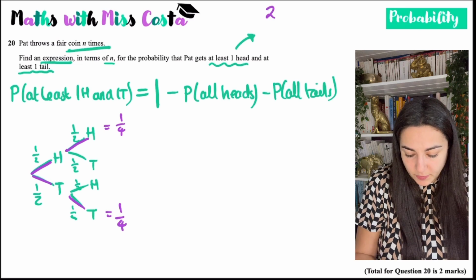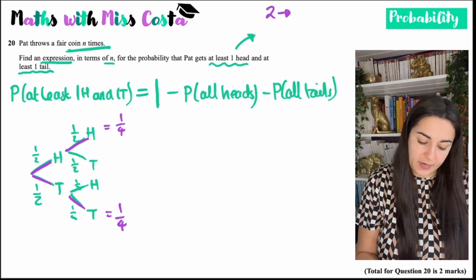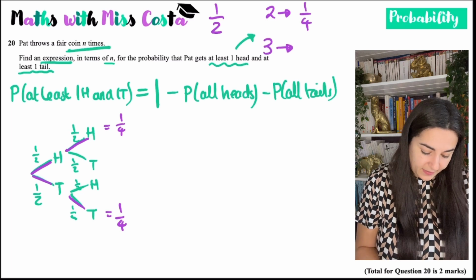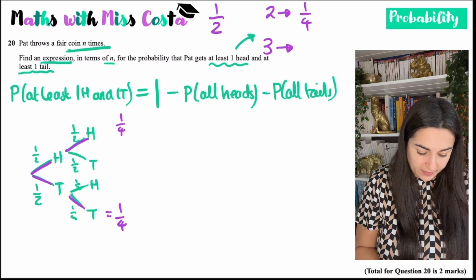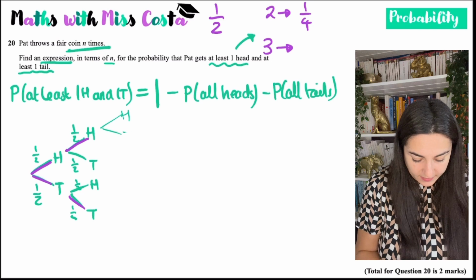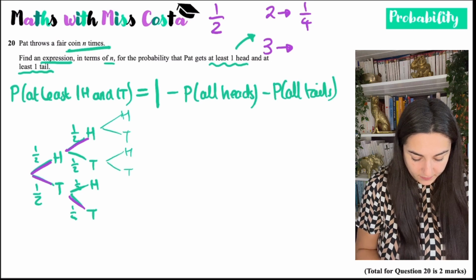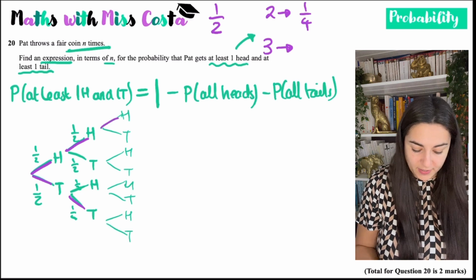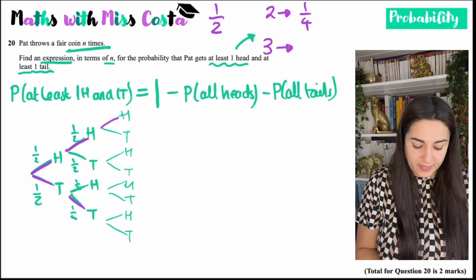So for throwing it twice, the original is a half and it turns into a quarter. Let's see what happens when I throw it 3 times. So continue my little tree: head, tail, head, tail, head, tail, head, tail. So getting 3 heads would be a half times a half times a half, which is an eighth.